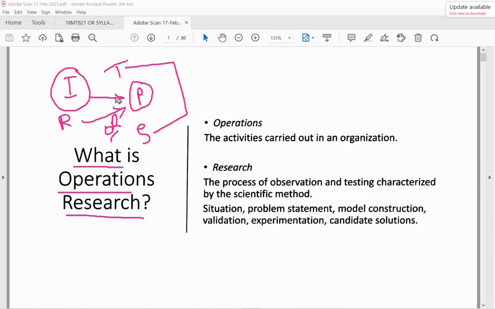Why is it required? Because some resource you are using, that itself is a material, and I need to use that effectively. For this material to be carried, a human resource is required. That human resource also has to be effectively utilized.